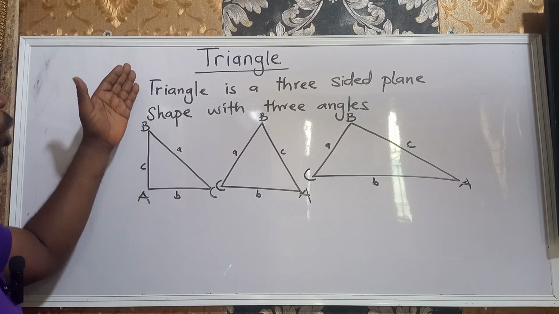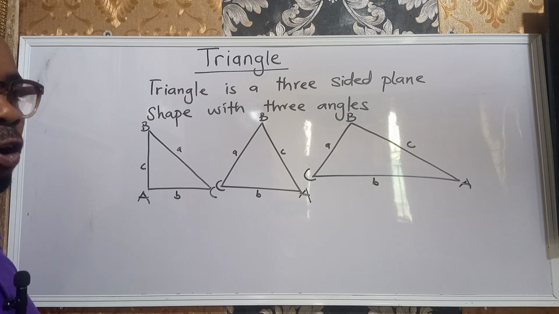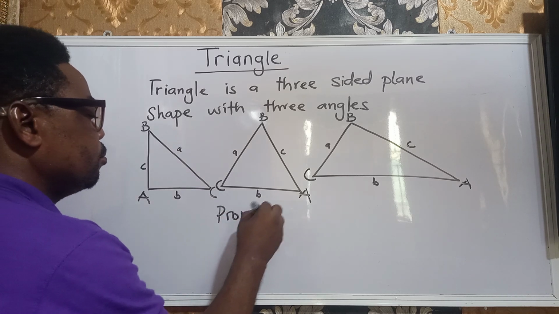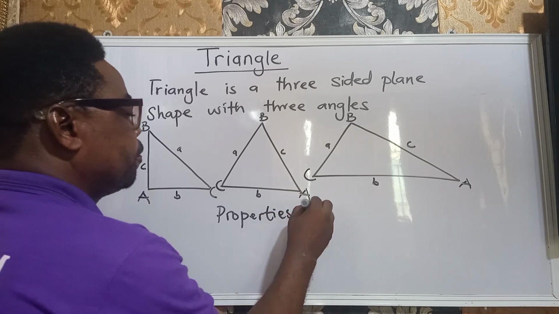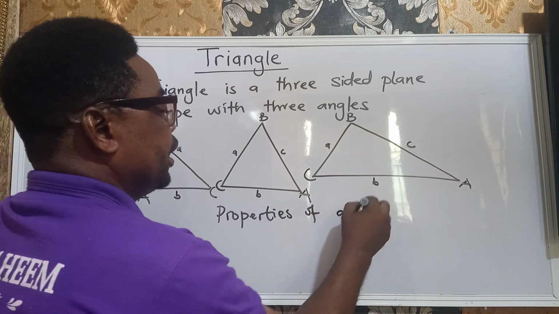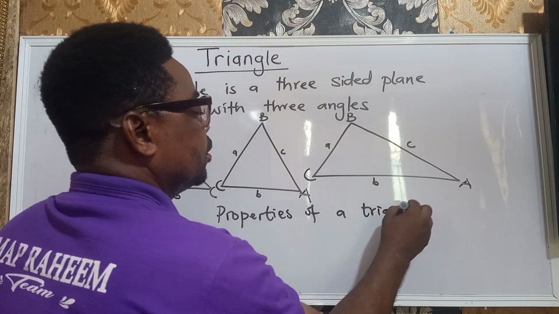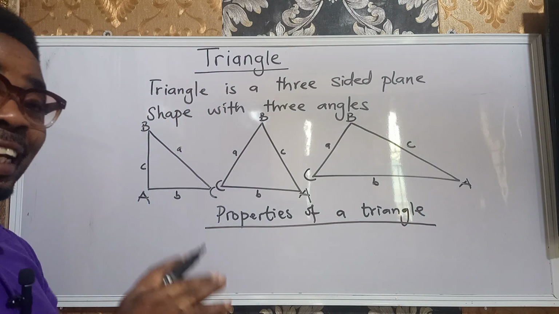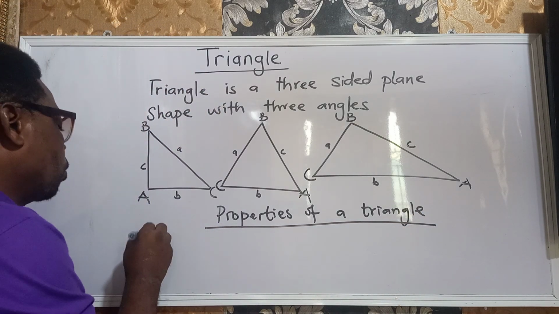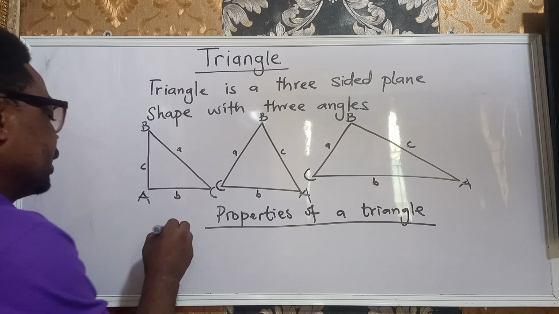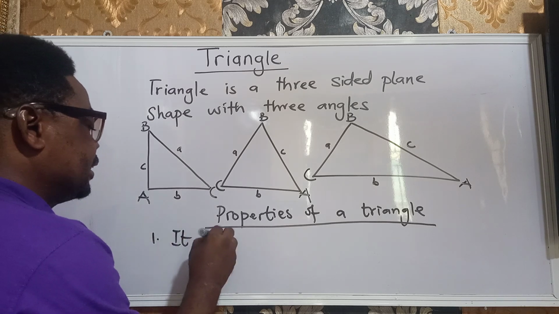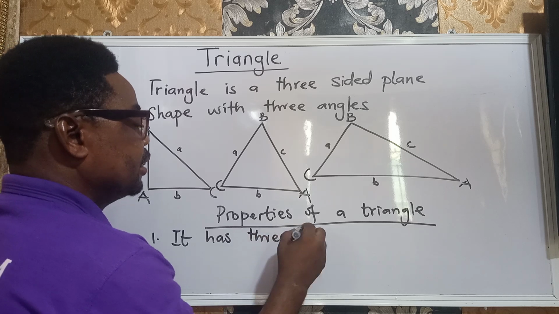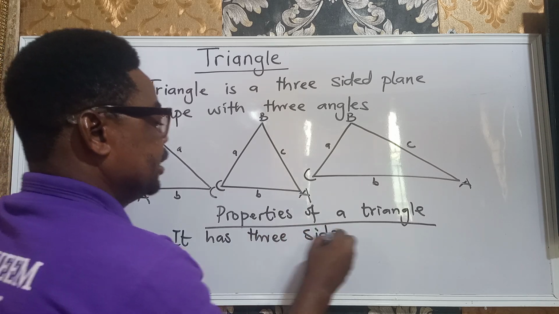Now, I will need to give you the general properties of a triangle. Number one, it has three sides.